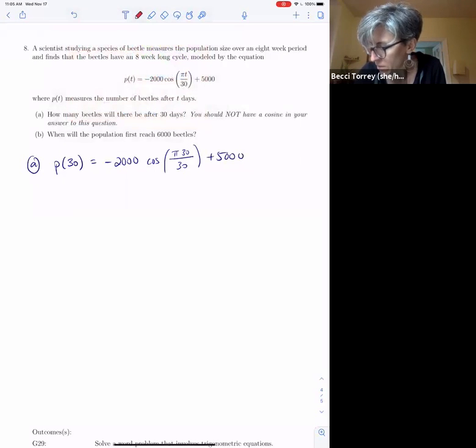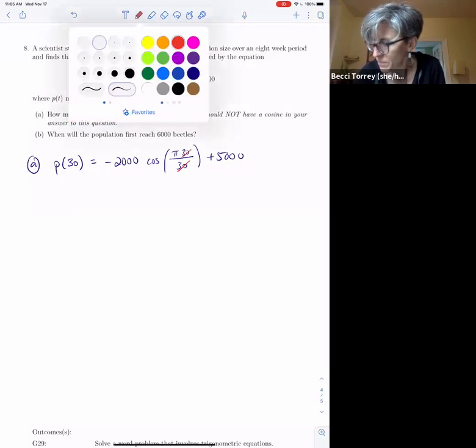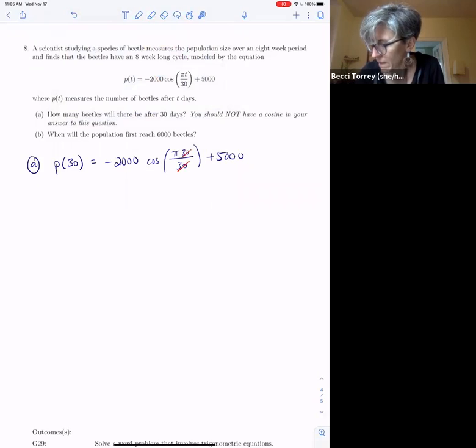And everybody loves to cancel, so we can cancel these 30s. So this becomes minus 2,000 cosine of pi plus 5,000.